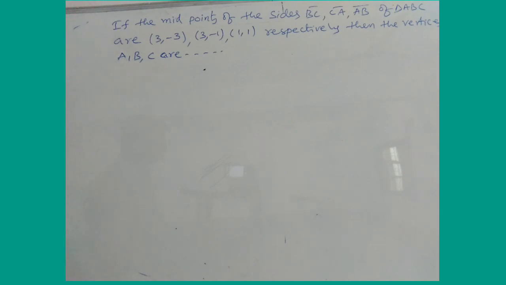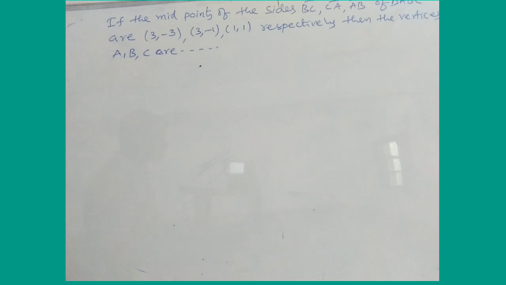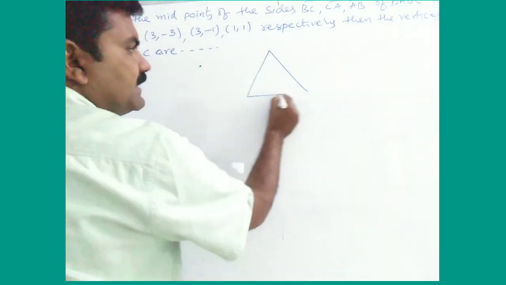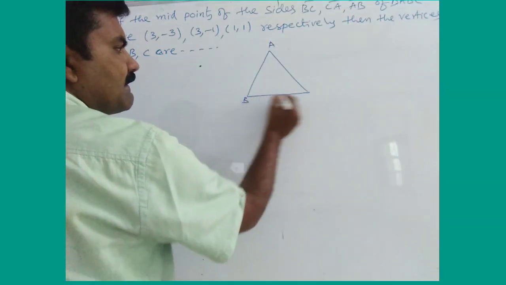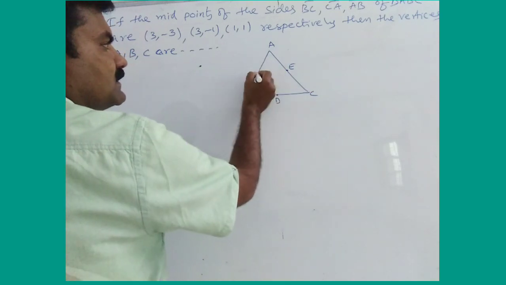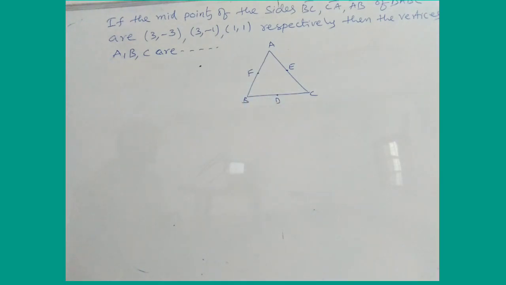Look at this one. If the midpoints of the sides of a triangle, let it be the triangle ABC, and midpoints of BC, CA and AB, consider them as D, E, F. D, E, F are the midpoints of the sides BC bar, CA bar and AB bar respectively.